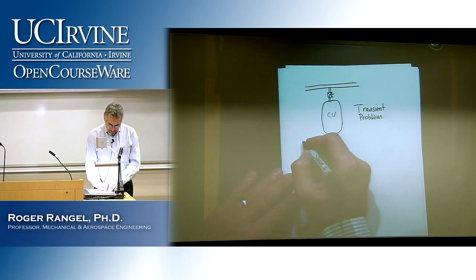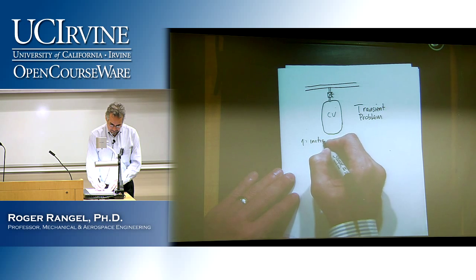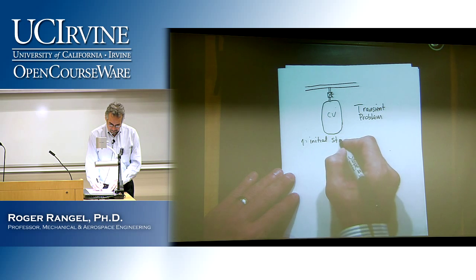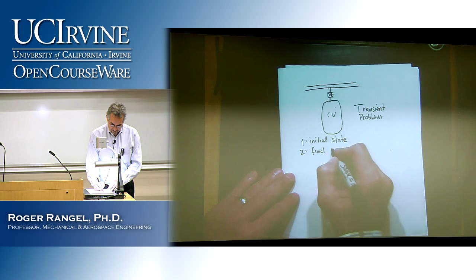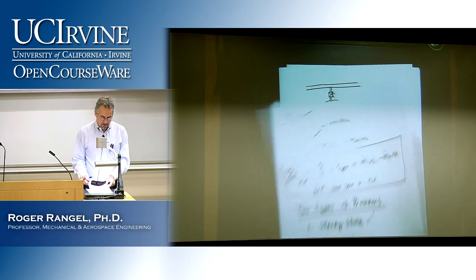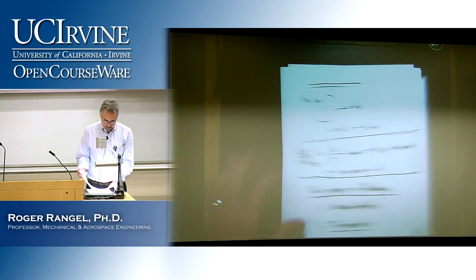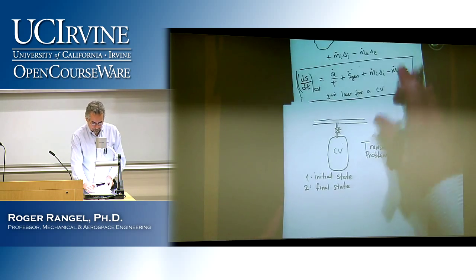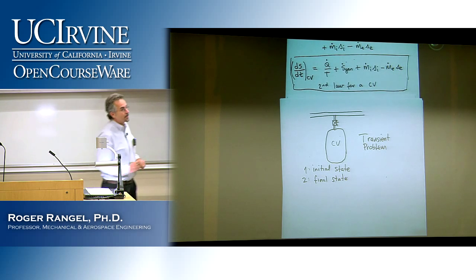So if 1 is the initial state and 2 is the final state, then I want to take this equation and integrate it. Multiply times dt. Let's leave this equation here so we can see it. Multiply times dt and integrate it.